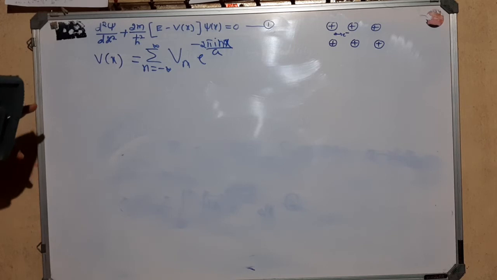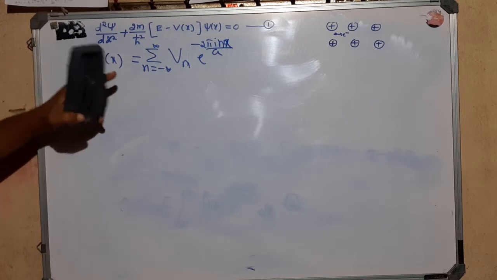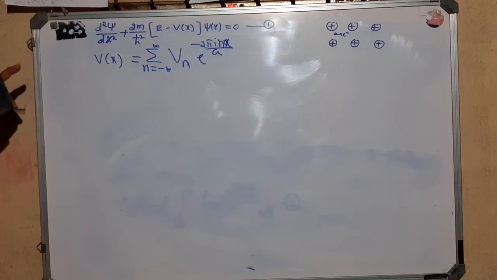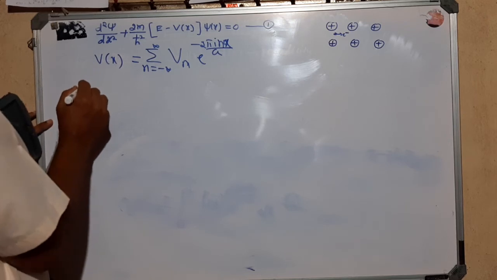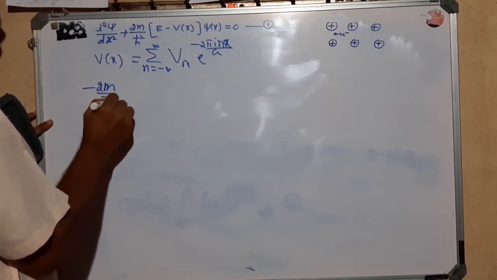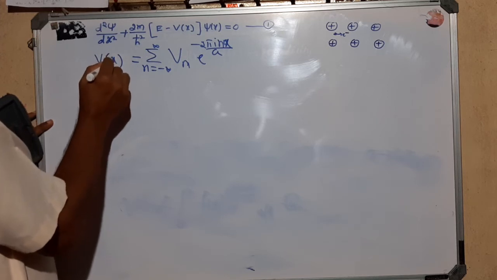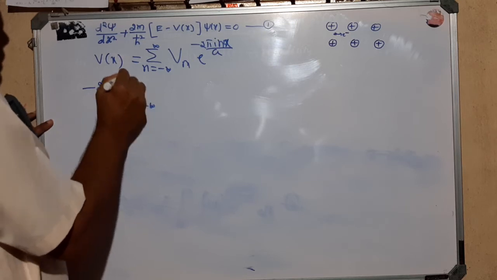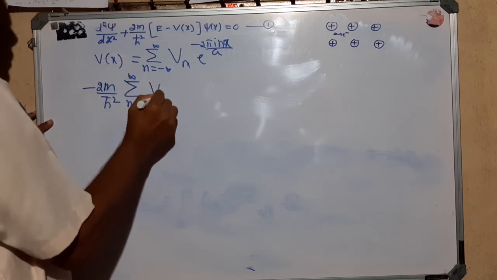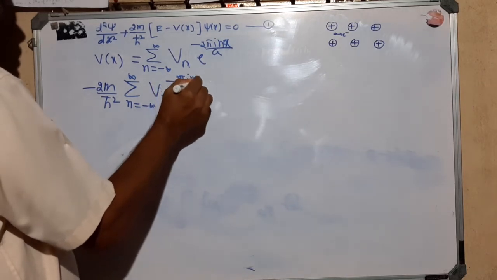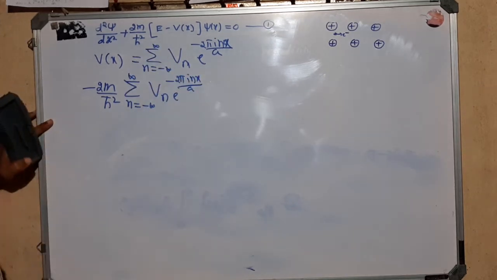Let us substitute the value of V of x in equation number 2. So, in equation number 2, minus 2m by h cut square, in the place of V of x, substitute this: sigma n equals minus infinity to plus infinity Vn e to the power minus 2 pi inx divided by a.